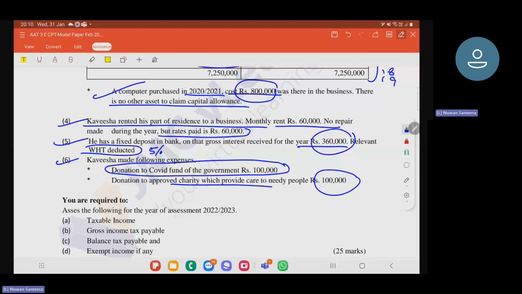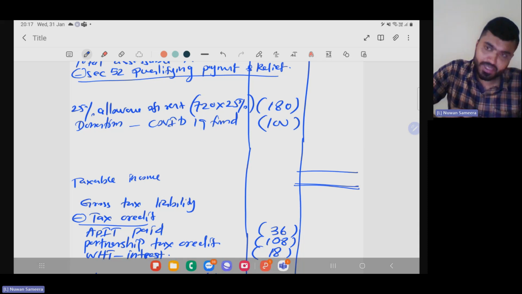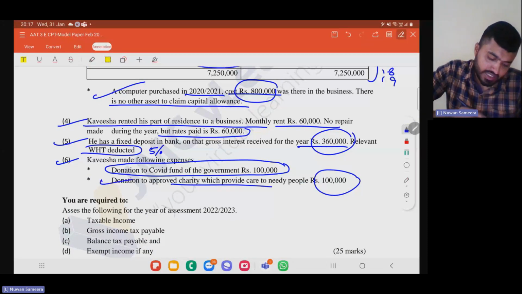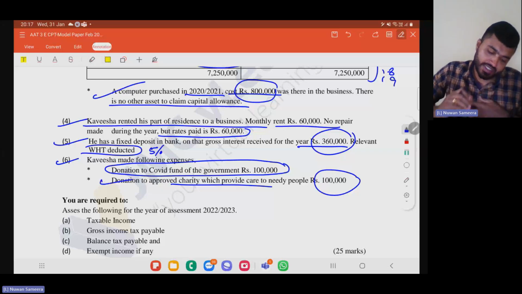Therefore, that 1,100 you can deduct without any restrictions. The COVID-19 fund is a prescribed institute, that means a prescribed fund. Therefore, that is allowed.